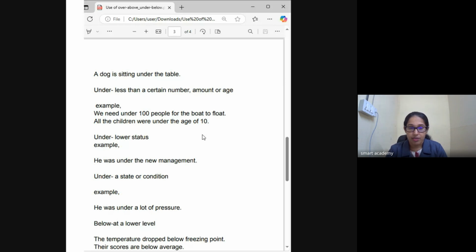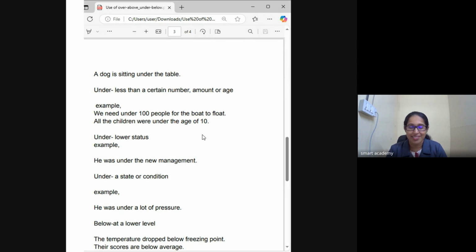Another use of under is a state or condition. To denote a state, a condition, we use the preposition under. He was under a lot of pressure. He was under a lot of problems. You are under arrest.